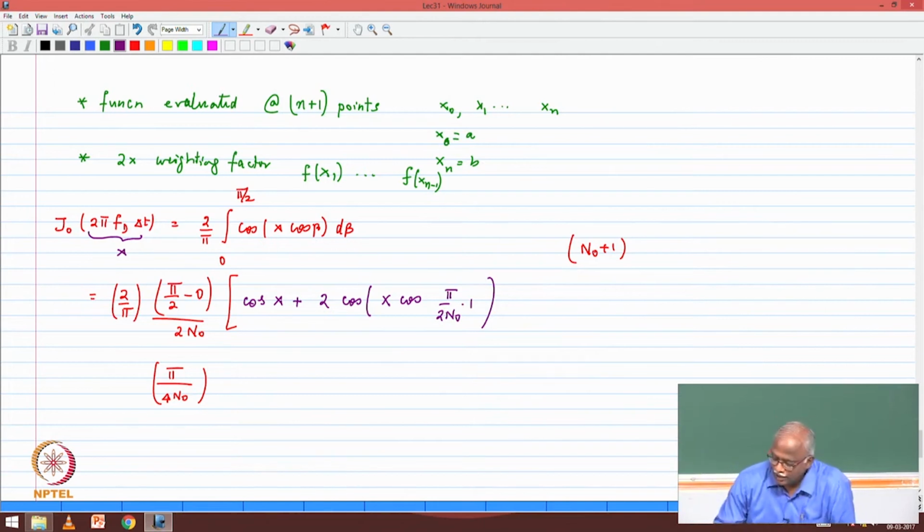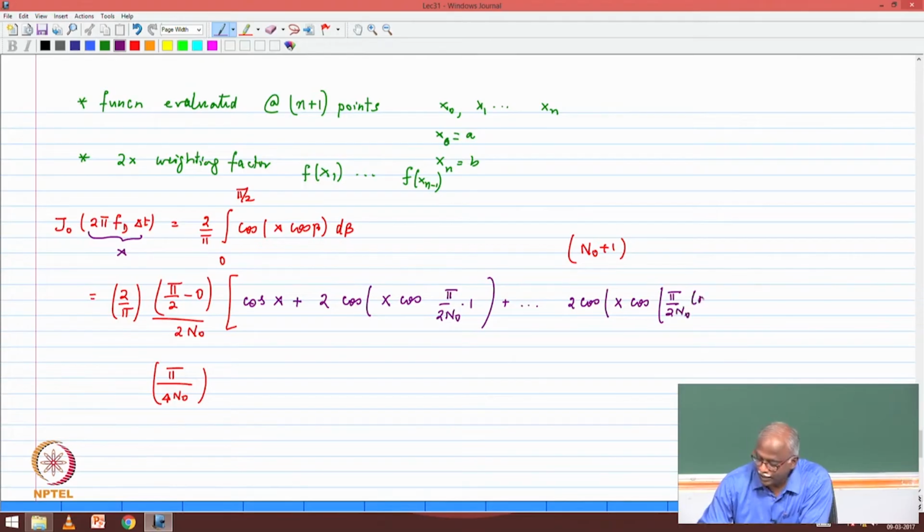Okay. So please fill in the terms. The last but one term will be 2 times cosine x times cosine pi by 2 n naught into n naught minus 1, plus the last term will be cosine pi by 2 n naught into n naught.